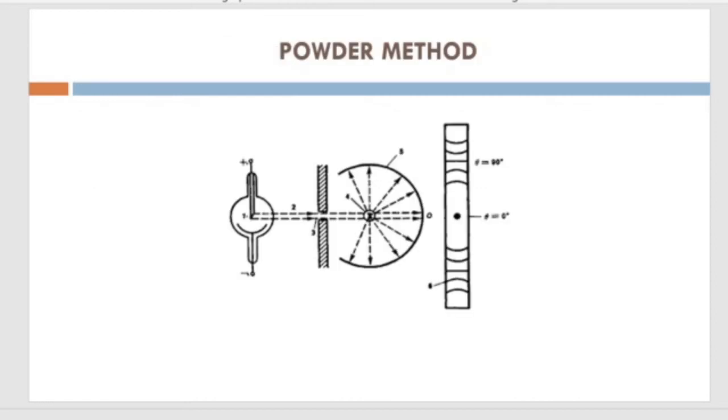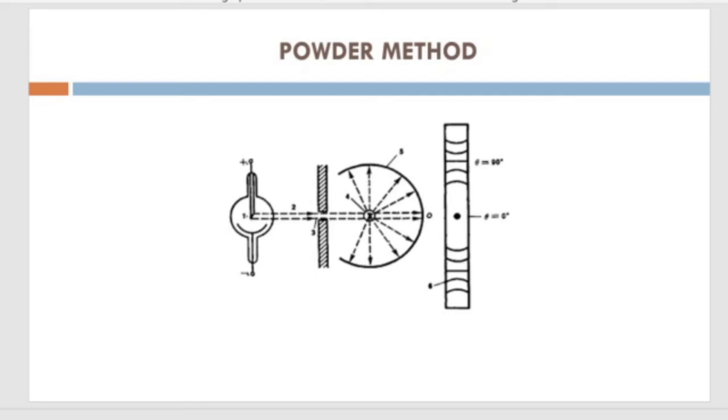In this powder method we use a powdered specimen. Finely powdered polycrystalline material is used instead of a single crystal. In earlier experiments, that is the Bragg spectrometer, rotating crystal method or Laue method, we used a single crystal, but there was a need to rotate the crystal.